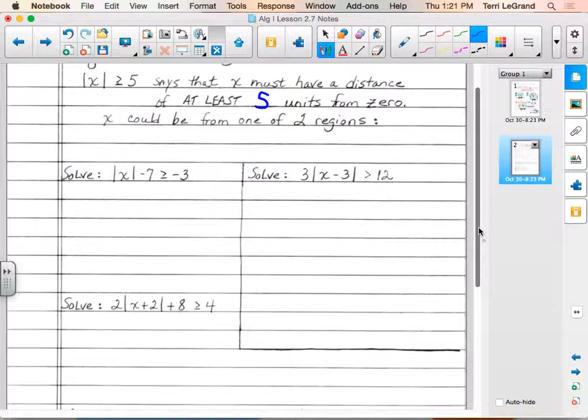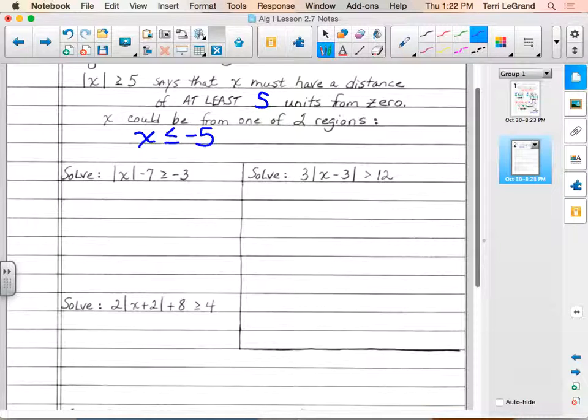It's an or, isn't it? Because it could be starting at where on the number line here? On the left. Negative what? -5 and less than that are all at least 5 units from 0, aren't they? So let's write that. x is less than or equal to -5. All those numbers are at least 5 units from 0.